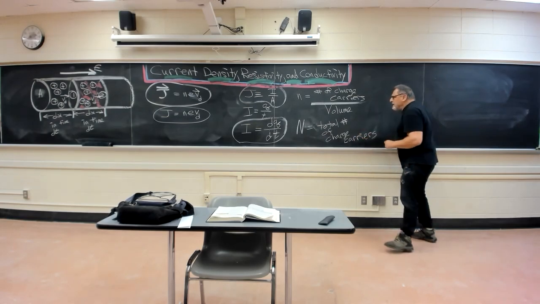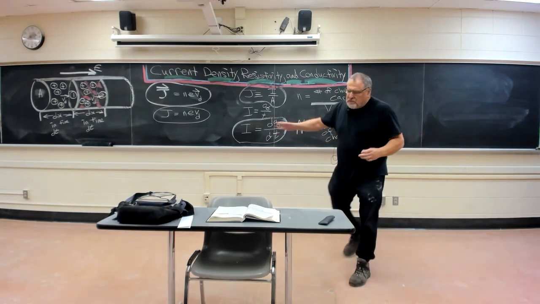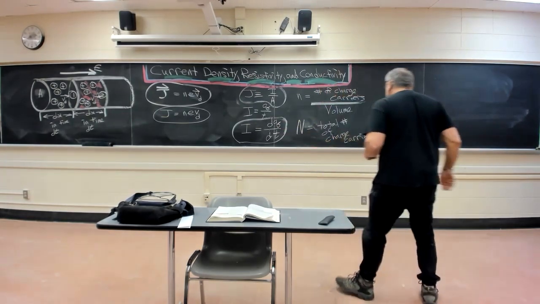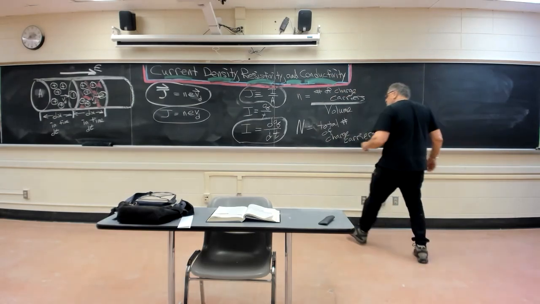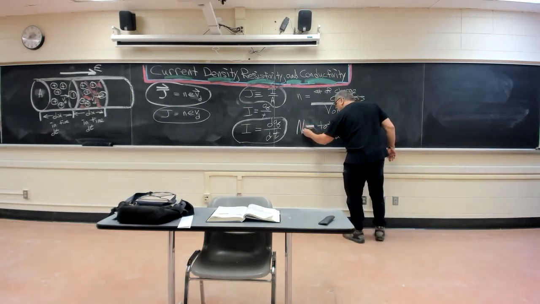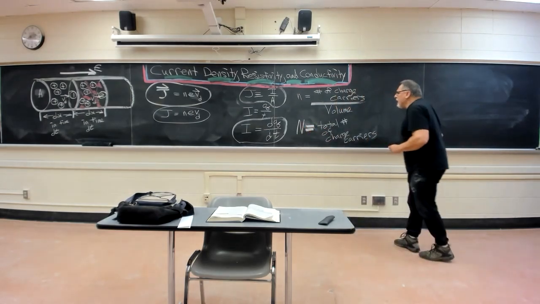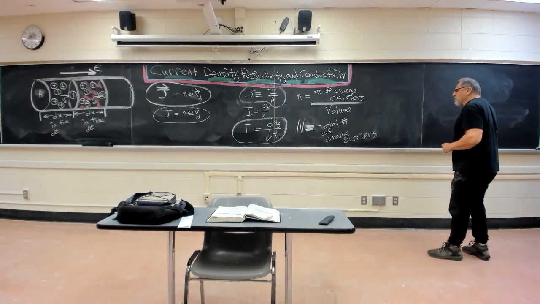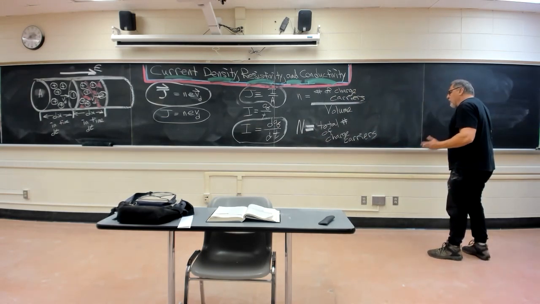Like I said, we already did this in class. Those of you who missed it, you got an opportunity to look at it again here. There's other places in which this gets talked about, depending on the film and the context in which we're talking about it. This is the total number of charge carriers.